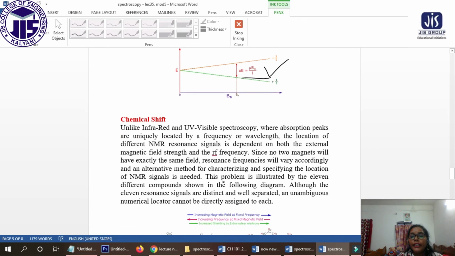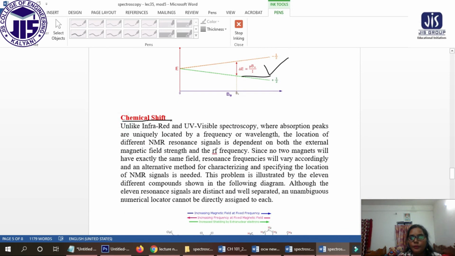Okay, now chemical shift. What do you mean by chemical shift? Unlike in IR or UV visible spectroscopy, the absorption peaks are not located by the frequency or wavelength. The location of different NMR resonance signals is dependent on both the external magnetic field strength and the reference frequency.